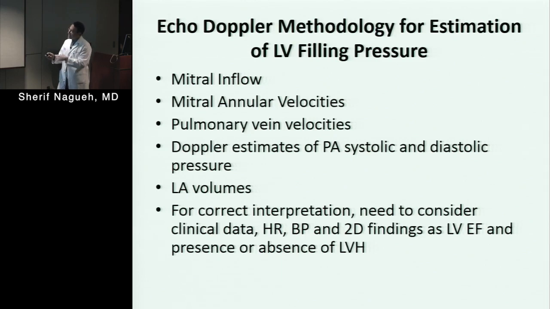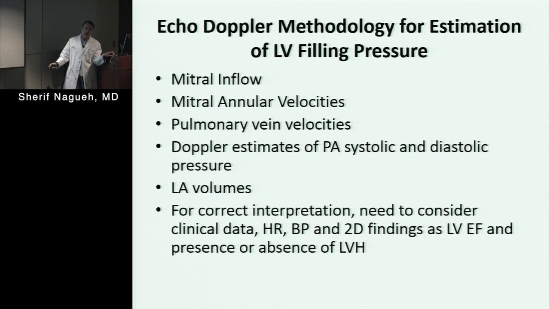So for echo, we have several indices that you see on this slide that we acquire routinely. But one point to emphasize is that for correct interpretation, it is not simply I measure one velocity or another. We have to put things together from these signals along with the clinical data, the heart rate, the blood pressure, because these affect the different signals that you see.